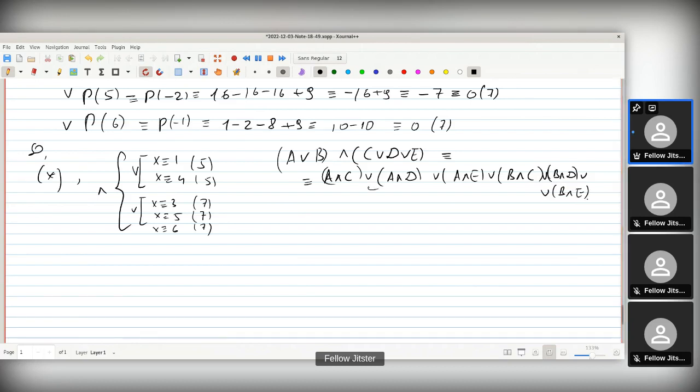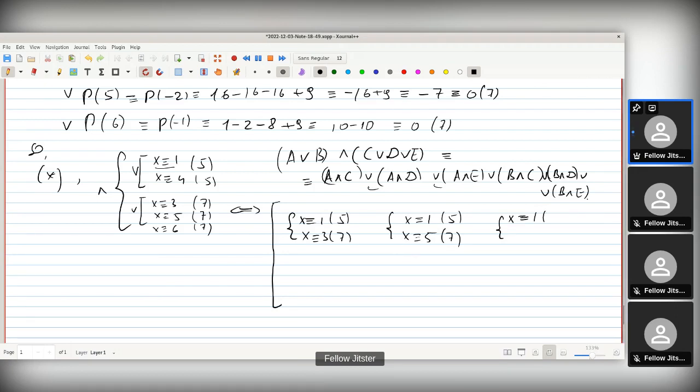And this is a disjunction. So that means that this system is equivalent logically to a disjunction of the following systems. Look, this is A. X is congruent to 1 modulo 5 and 3 modulo 7. X is 1 modulo 5, x is 5 modulo 7.